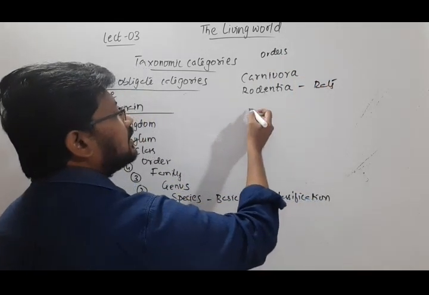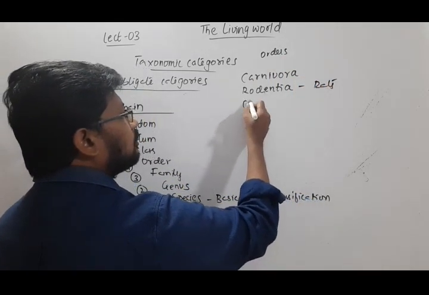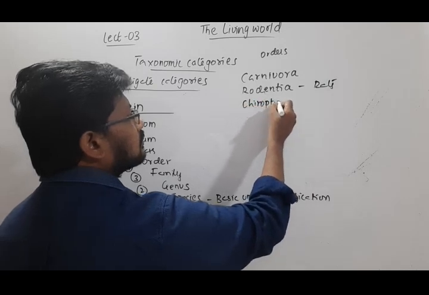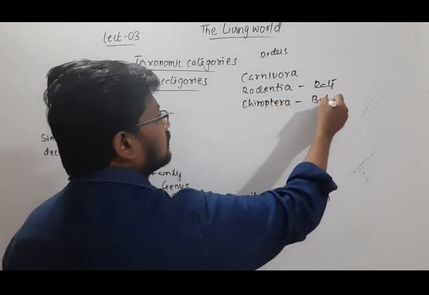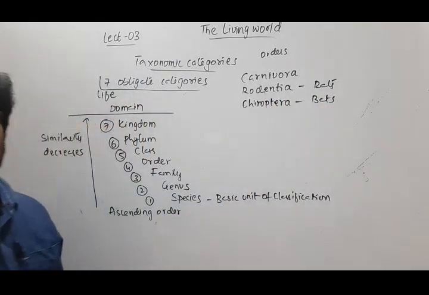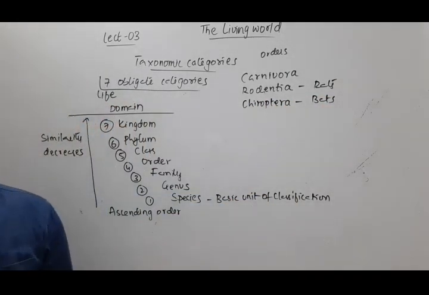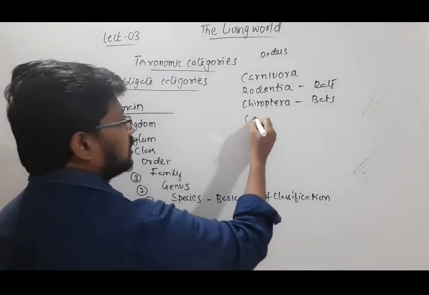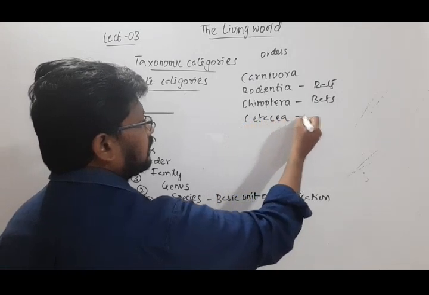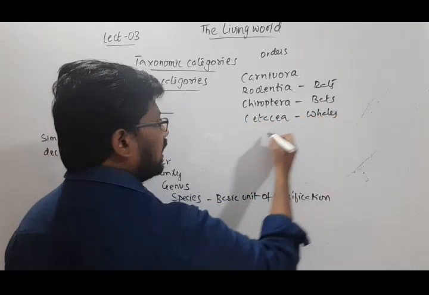And then Chiroptera, which includes bats. So Chiroptera is another order. And then the Cetacea, which includes whales.